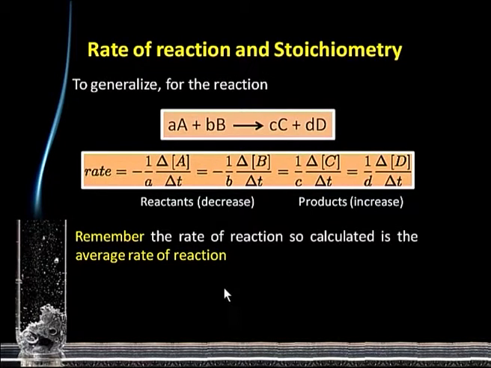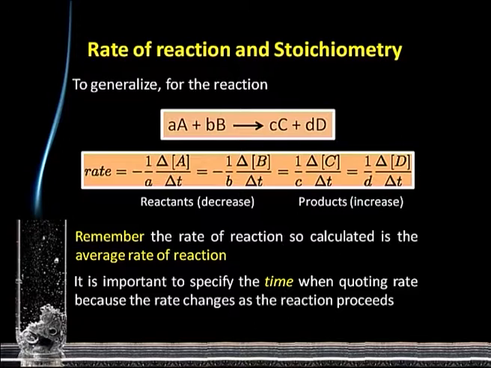So remember that the rate of reaction calculated here is the average rate, and it is important to specify the time when we mention the rate that we have calculated.